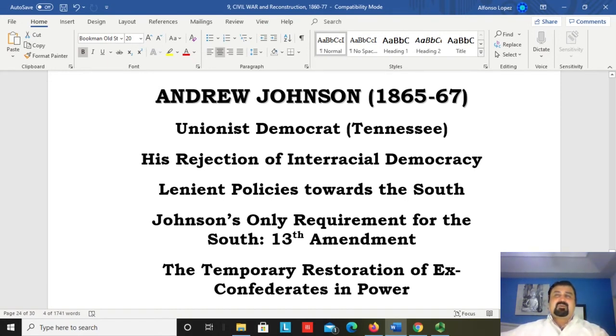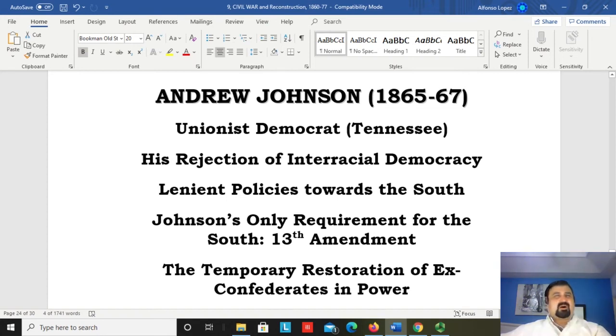But Southerners were not going to allow the freed population to rise up to be equals with the rest of society. So he's going to be a very fierce, vocal opponent of this interracial democracy vision of the radical Republicans. He rejected that, in other words.